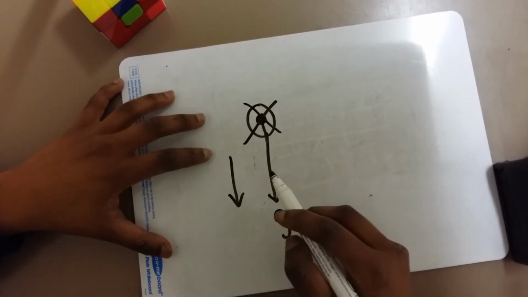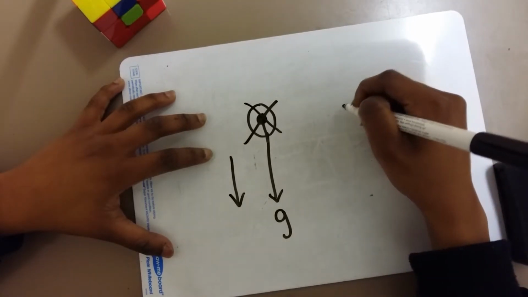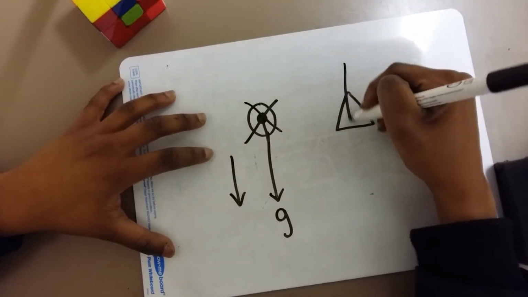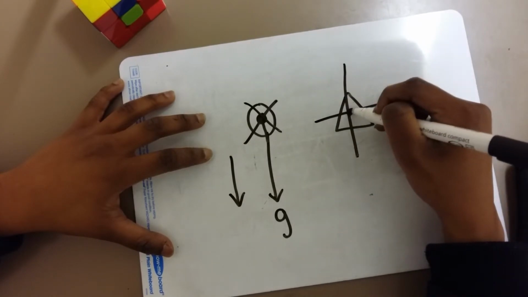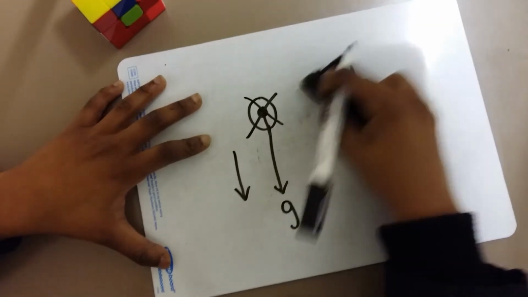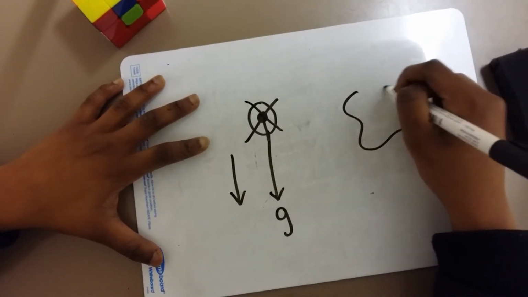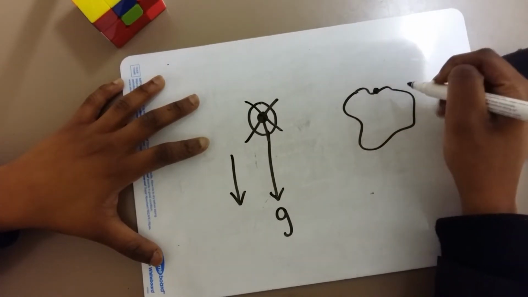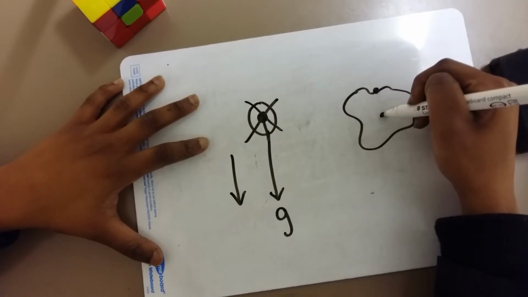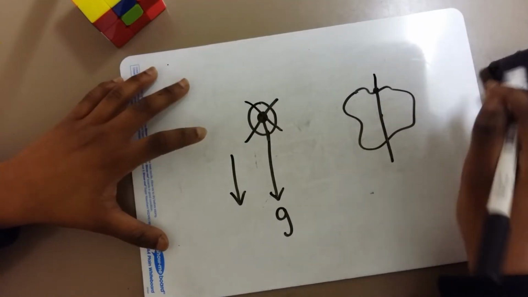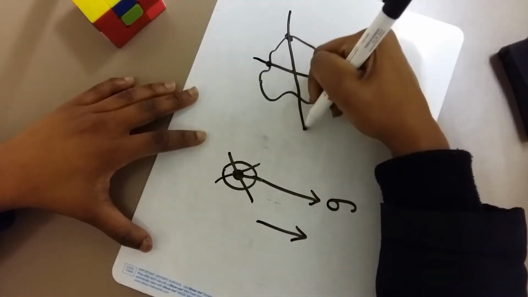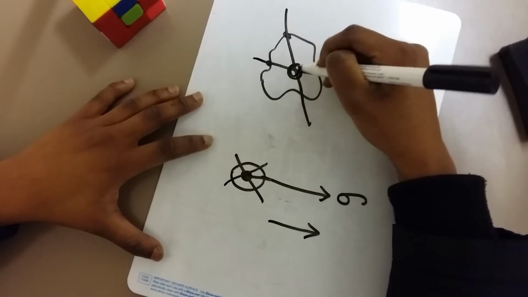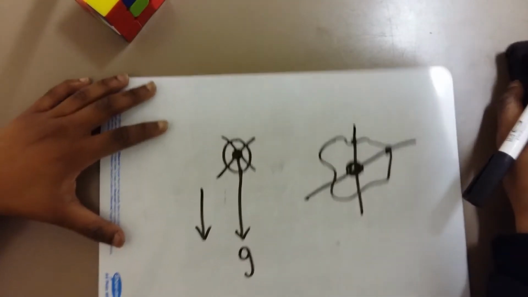And you can always find the center of an object's mass, if it's an odd shape, by drawing a line which is basically symmetrical and then drawing another line across that. Or, if you really want to pinpoint the center and it's a really irregular shape, you could hang it from a point and draw the line straight down, and then hang it from a different point, let's say there, and draw the line straight down there, and then this intersection here will be the center of mass for that object.